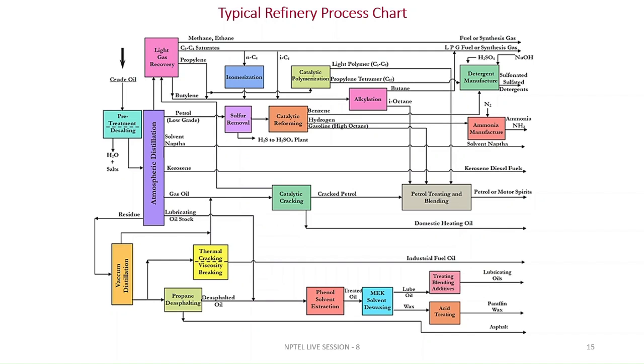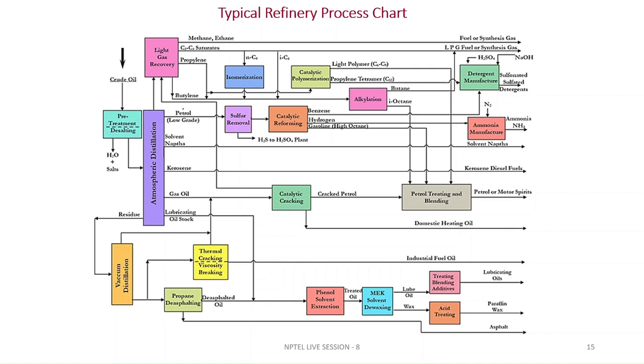So we will not discuss so much detail on those topics. So C4, that is butylene, goes for the alkylation reactor and it produces butane. It can also be considered in the synthesis gaseous mixture.